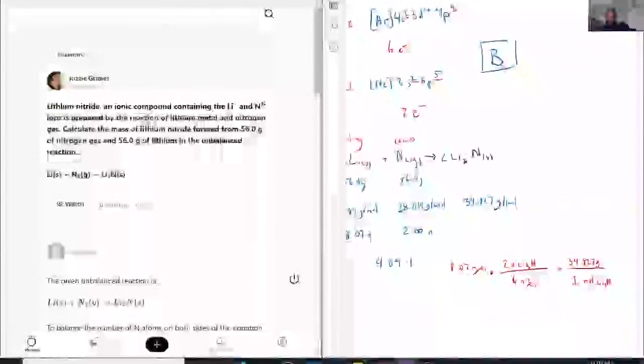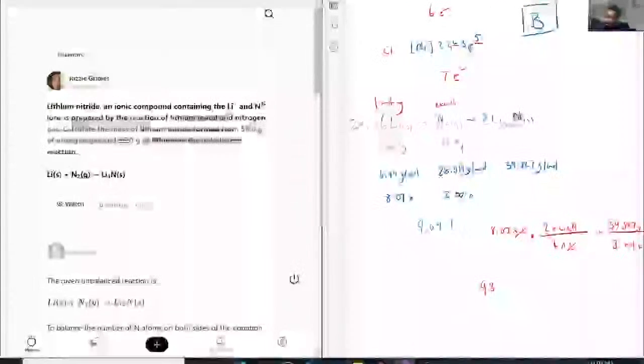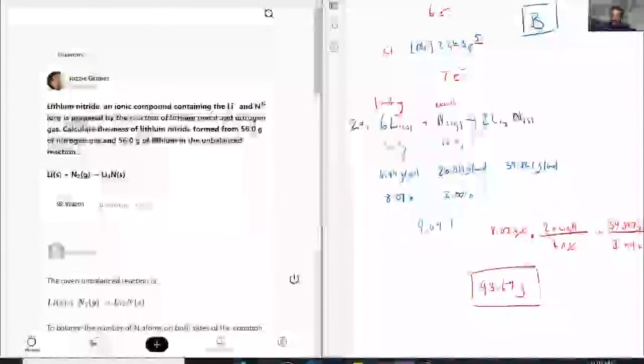Okay, so the amount we get formed here actually is a nice and healthy, well, supposedly, if we did this right, 93.67 grams of lithium nitride formed. Li3N formed.